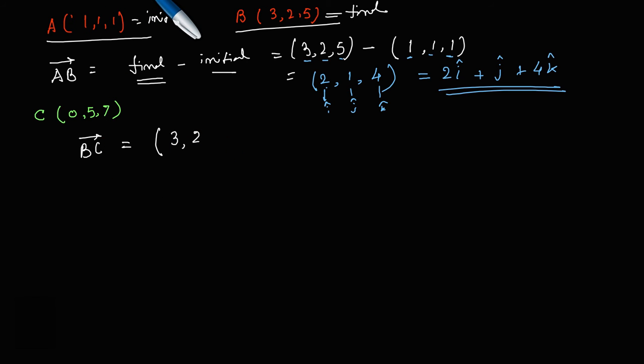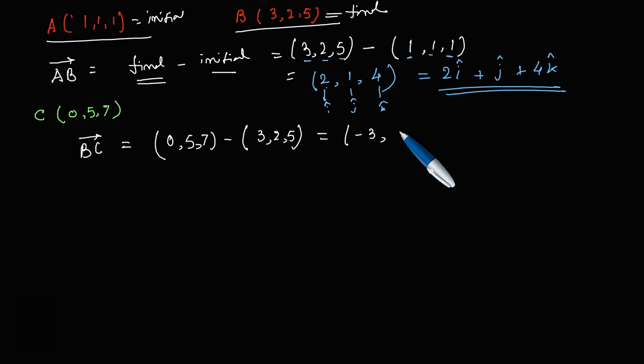C is final, so go to the final point, which is 0, 5, 7, minus the initial point 3, 2, 5. You can calculate easily: 0 minus 3 is minus 3, 5 minus 2 is 3, 7 minus 5 is 2. In ijk notation, the same way, it is minus 3 i cap plus 3 j cap plus 2 k cap.